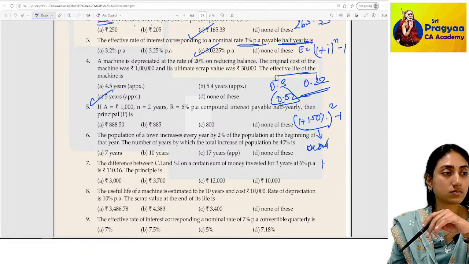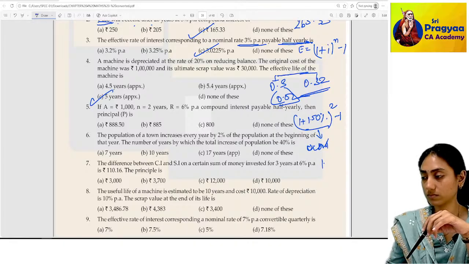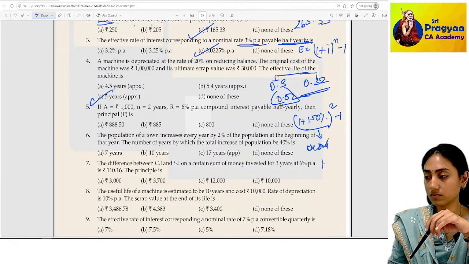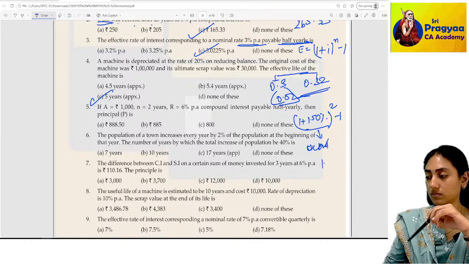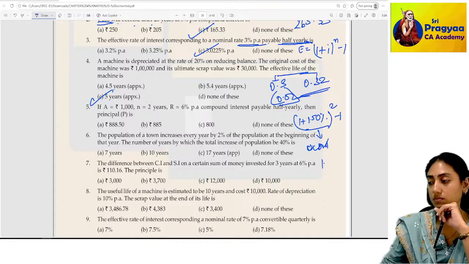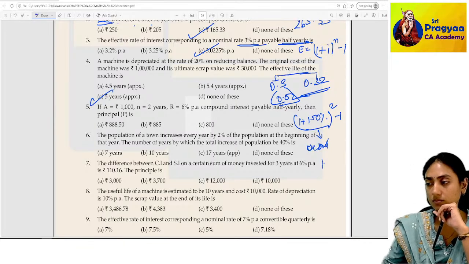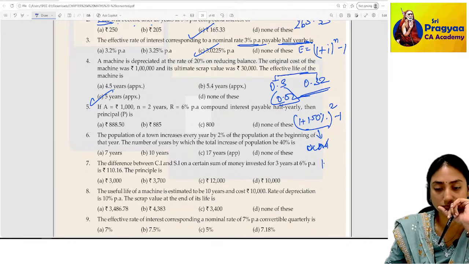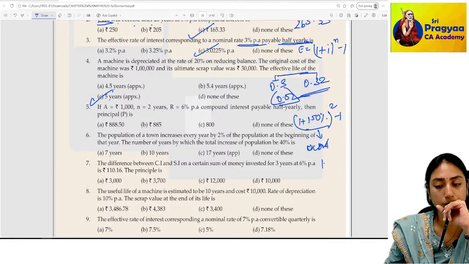Next sum, the equation is 1000 is equal to principal into 1.03 to the power 2. Now if I see that 1.03 to the power, directly divide by 2,000. Which is the fifth sum? If A is equal to 1000, number of years.